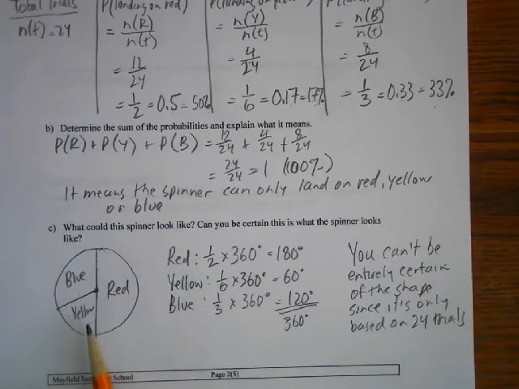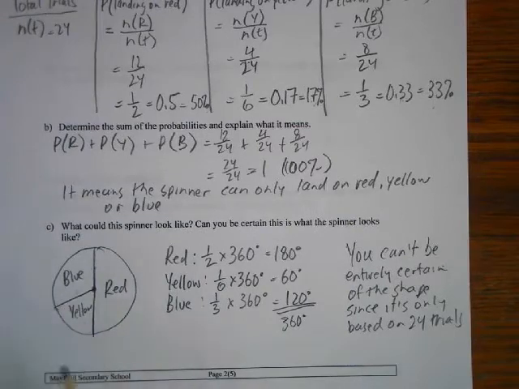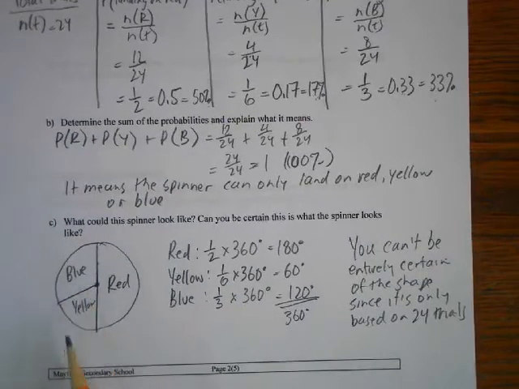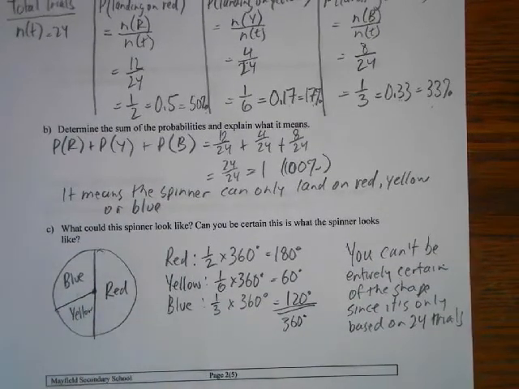There could be a chance that there's a really slim sliver on the spinner that's purple, and maybe that's only like 2 degrees. And when we spun the spinner 24 times, we never landed on the purple. But if we spun it 1,000 times, maybe we actually hit it.